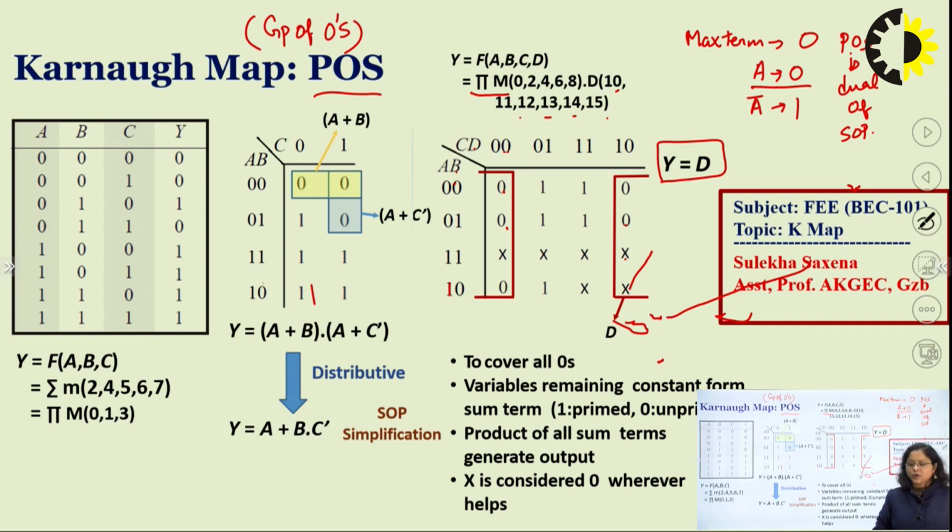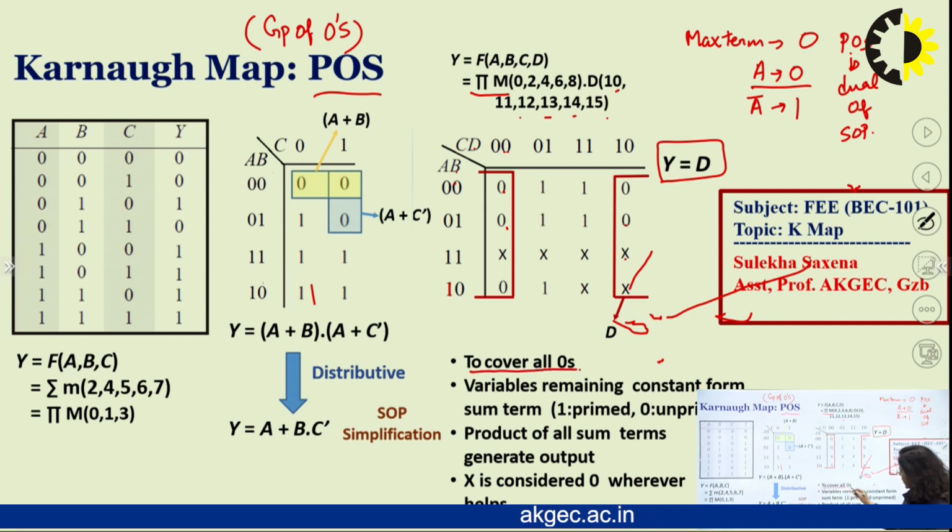I hope POS form is quite clear, but we generally use SOP form most of the time in general representation, because in real world problems A means 1 and A bar means 0, that is SOP representation. So, again I will explain that in POS form we cover all the zeros.